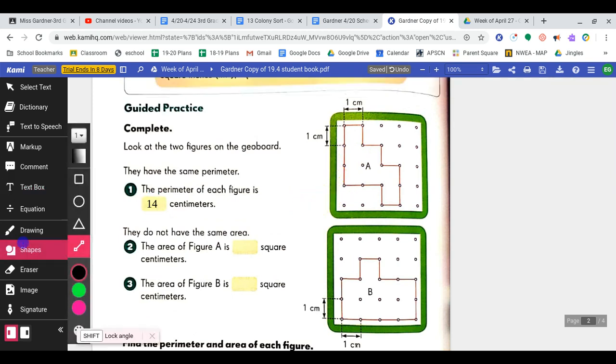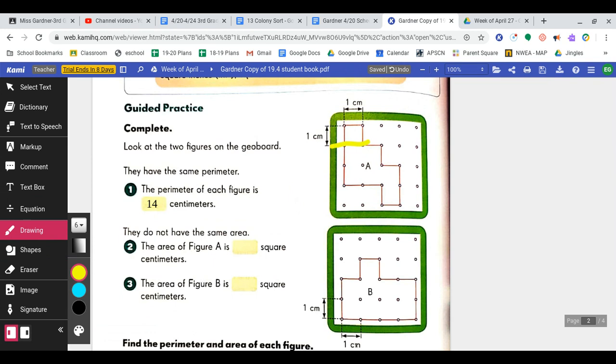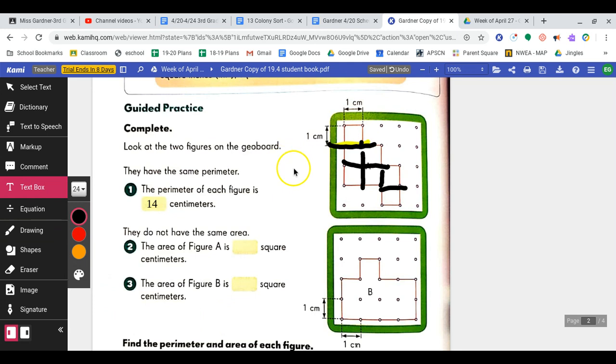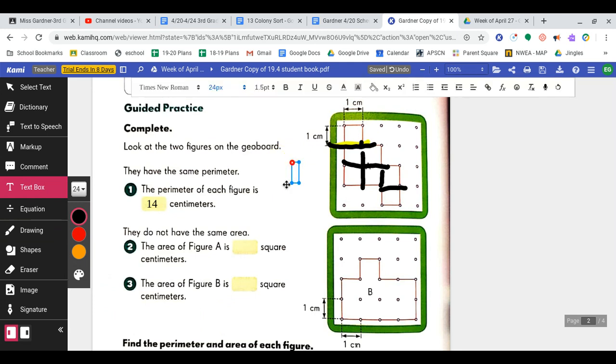Let's draw out where our squares would be. I think that can help you to look at them as actual squares. Okay? This one is 1, 2, 3, 4, 5, 6, 7 square centimeters. Actually, we'll write it right here. There's already a space for it.